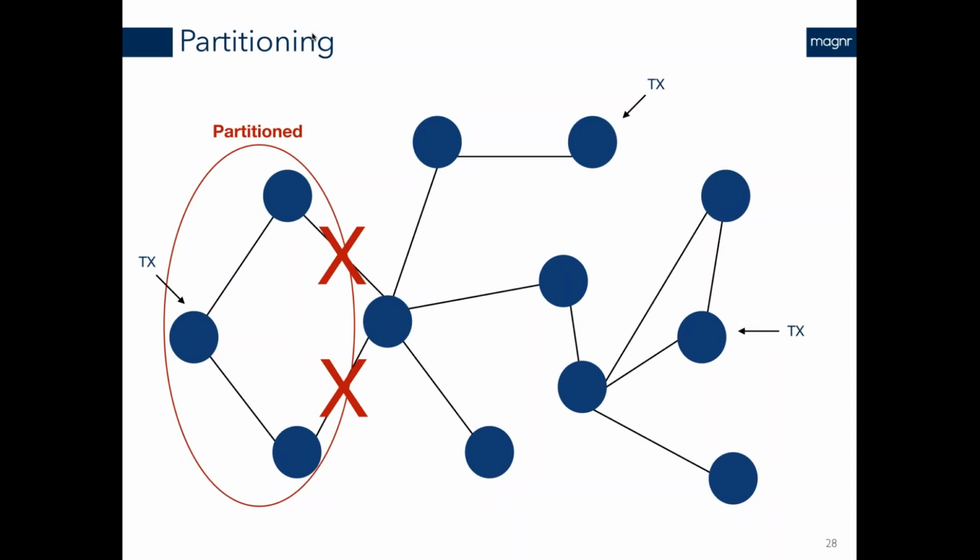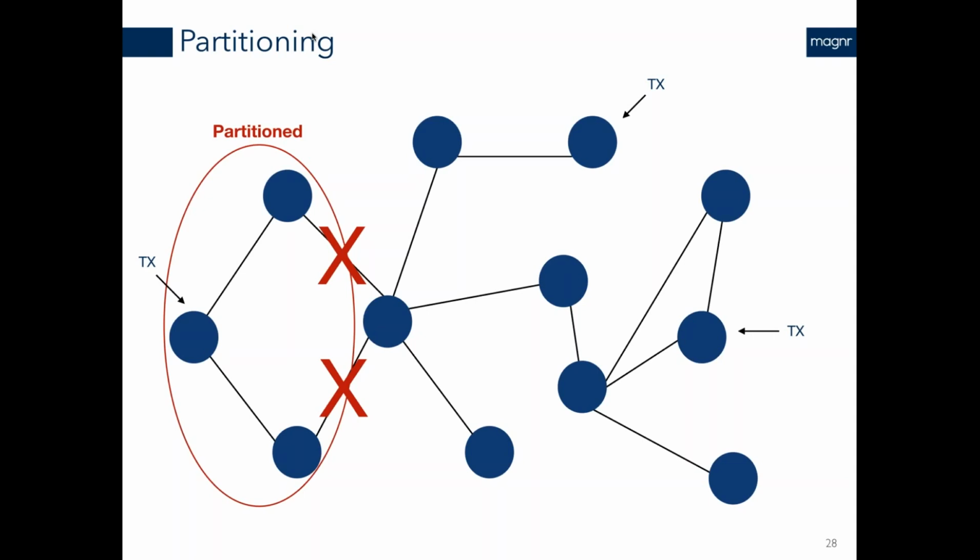If we look at partitioning, partitioning revolves around the inability to communicate across a network boundary. So the node in the middle there has been fragmented from the three nodes on the left, so they've formed their own breakaway partition. There's no communication available between the nodes on the left and the nodes on the right.